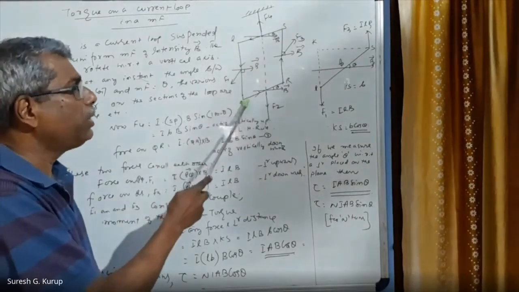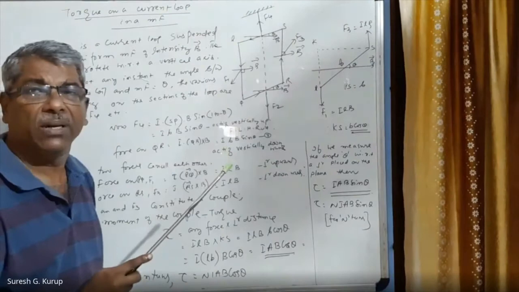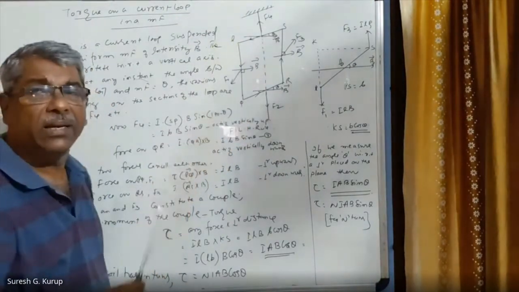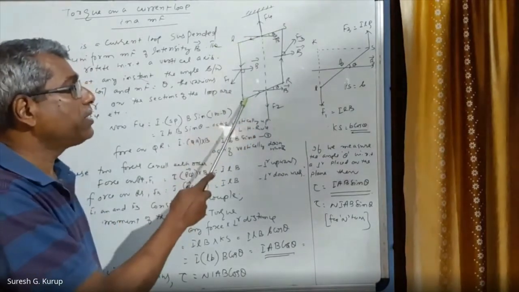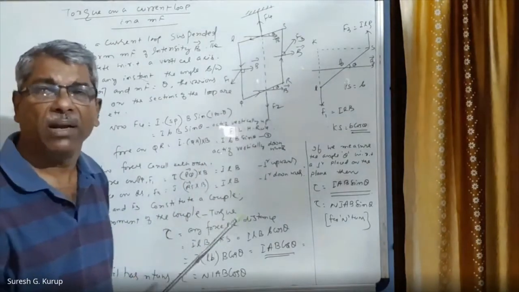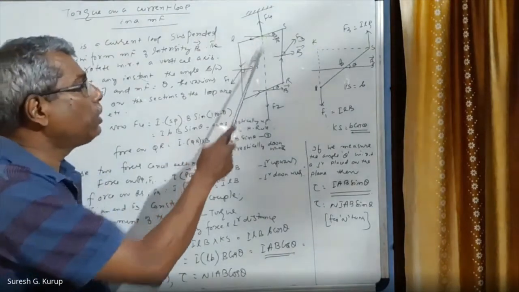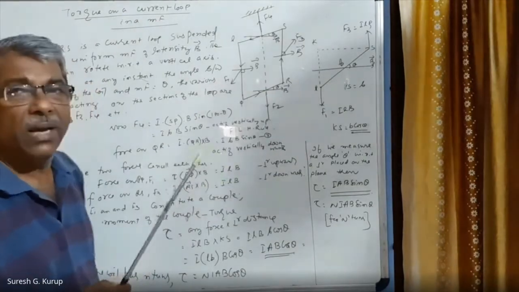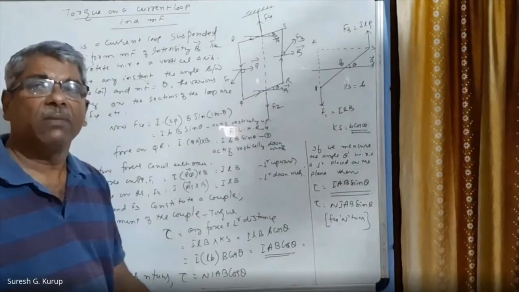Take PS and QR, the two breadth sides of the loop. In these the current directions are opposite: in one the current is from S to P, in the other from Q to R. But the direction of the magnetic field is the same, equidistant and parallel, because it is a uniform magnetic field. Hence the forces acting on these two parts of the loop are equal in magnitude but opposite in direction. That will cancel each other.